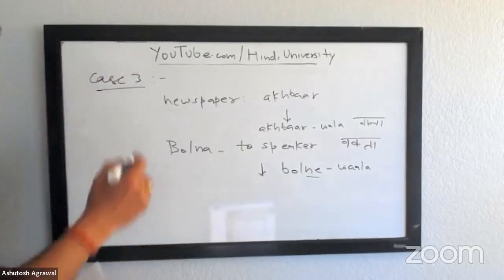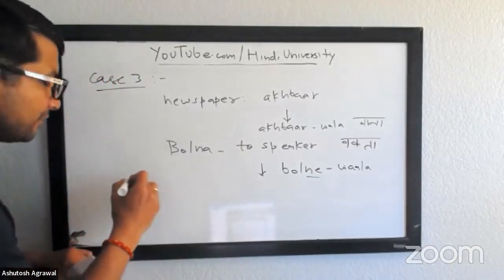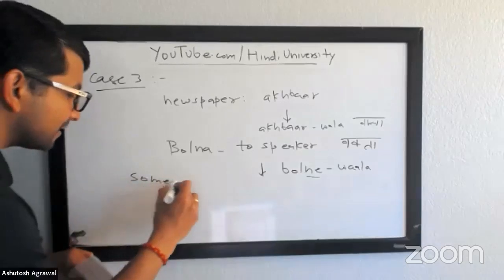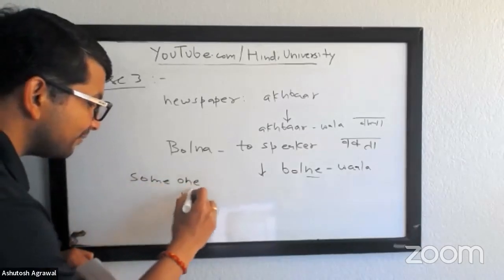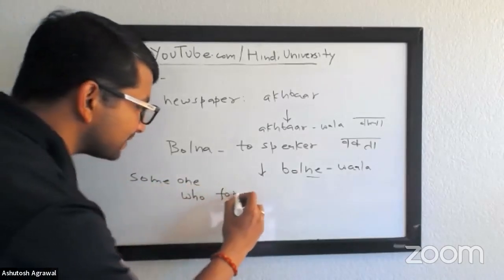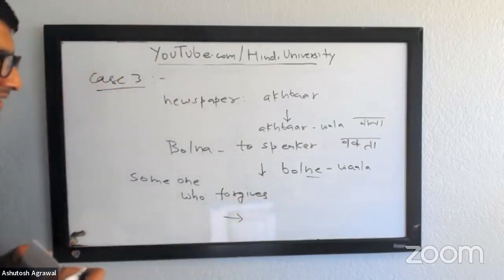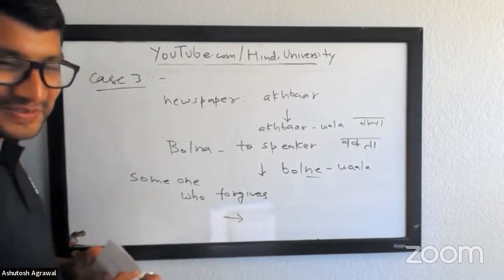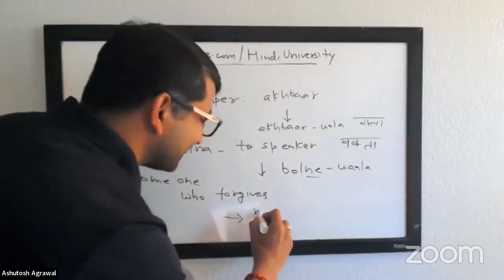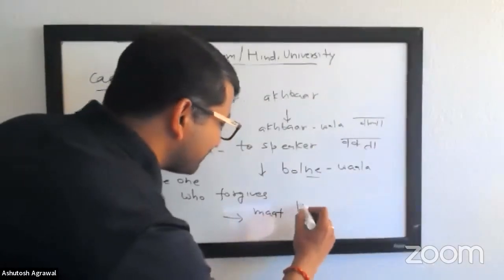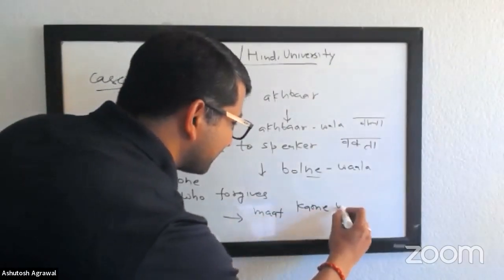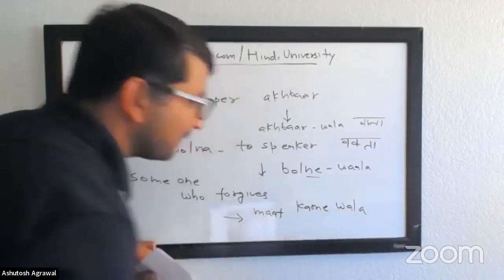So the point here is, how do you say someone who forgives? Someone who forgives. माफ करने वाला. Very good, right? माफ करने वाला.